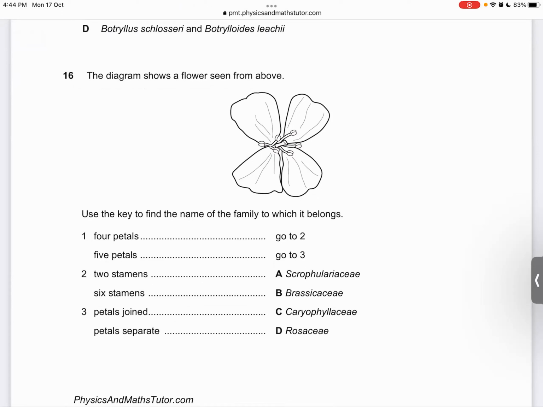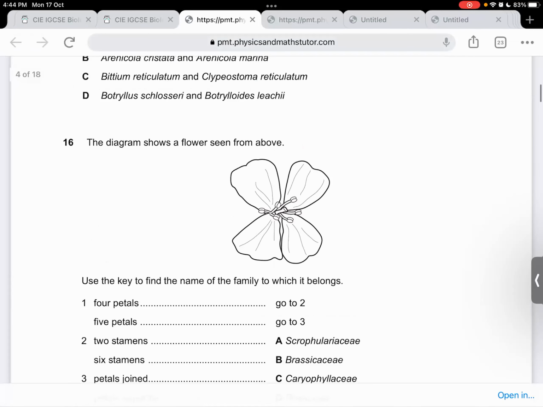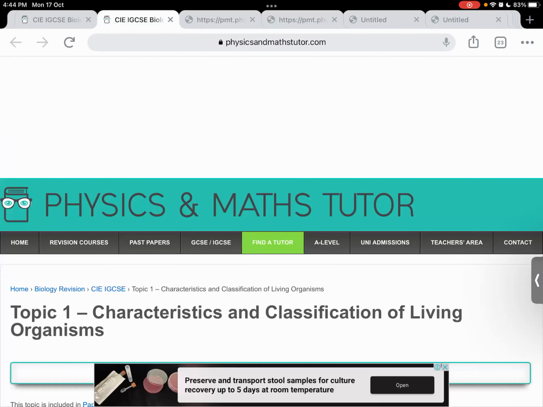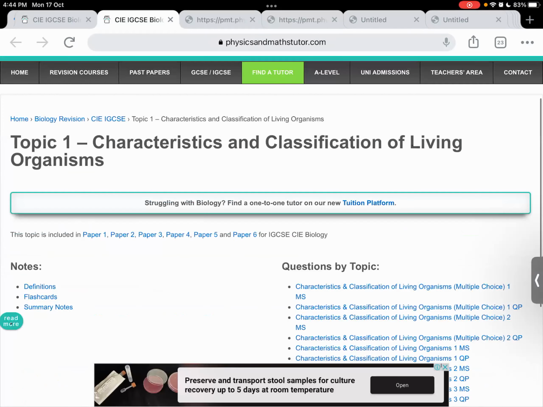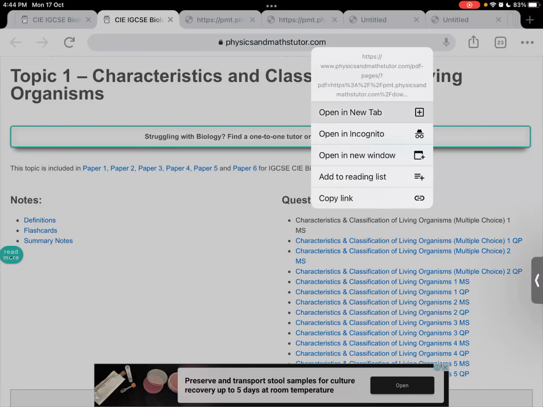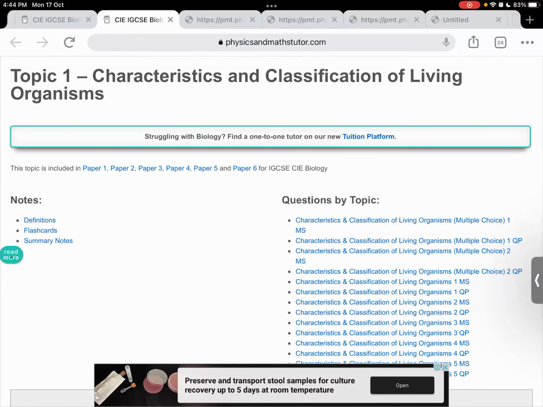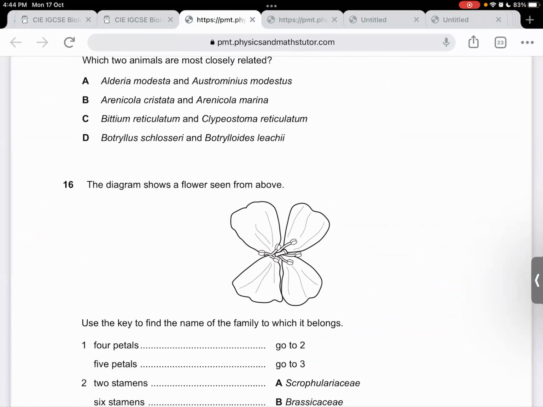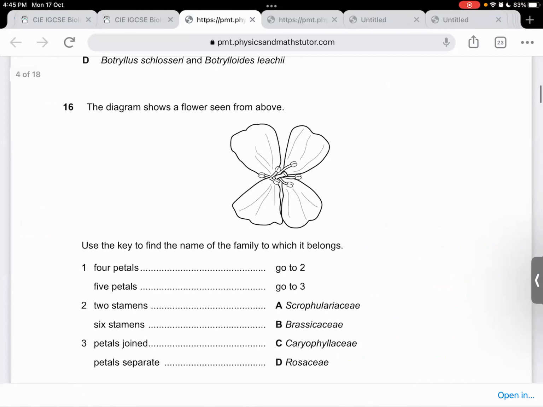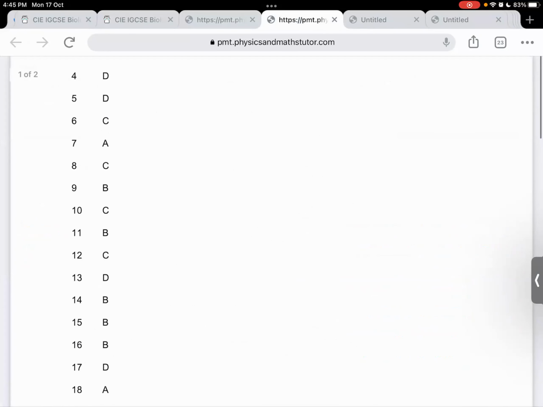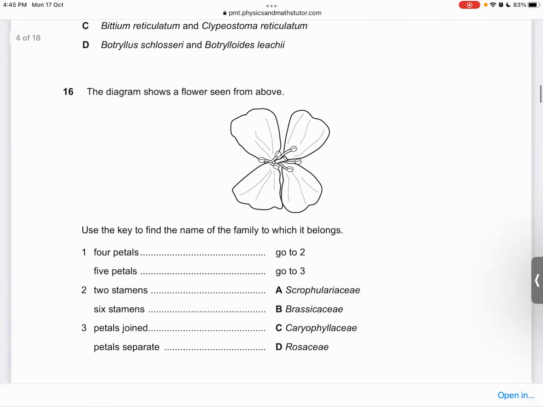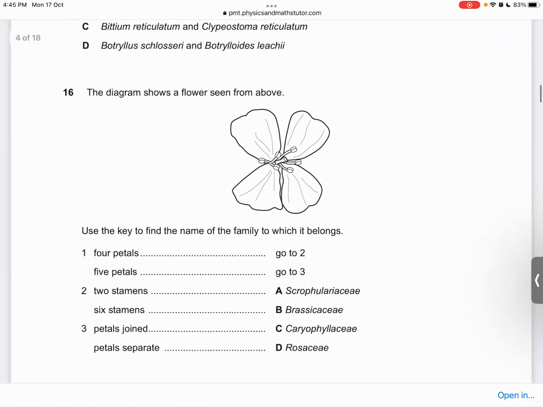Yeah, miss, then it's D. See, 16 is B. I want to reconfirm. 16 is B. So they say it's B. The 4 petals, 2 stamens, and I think their petals are joined.